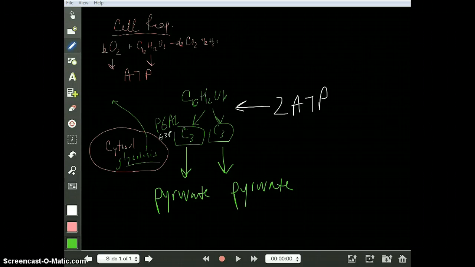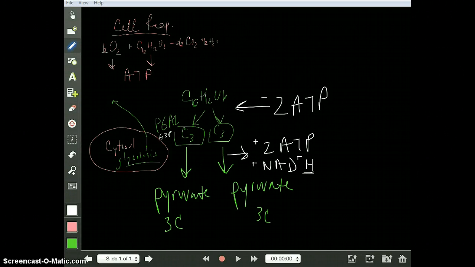So you have two molecules of pyruvate, and pyruvate is a 3-carbon structure. What I get out of each one is 2 ATPs plus, and I get a plus NADH per pyruvate, so I multiply this times 2.